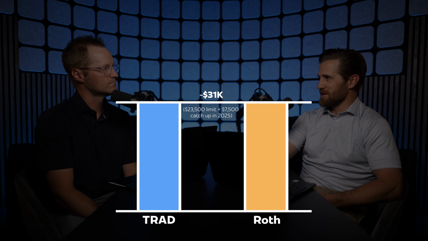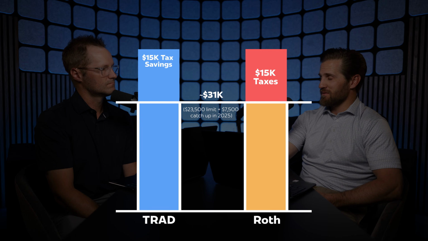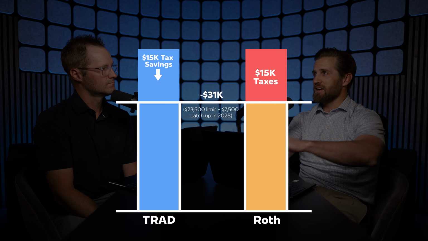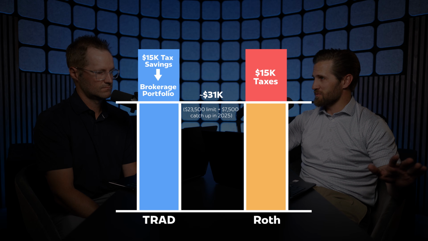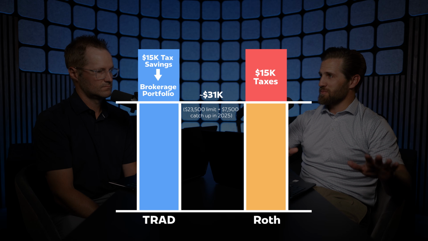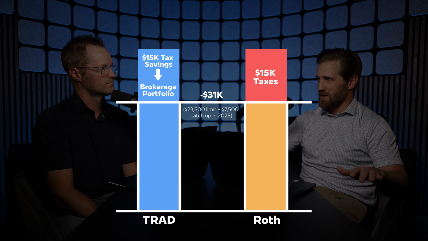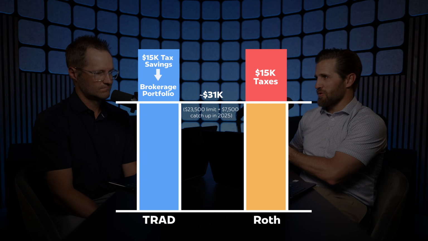So they put the max contribution to a 401k, let's say it's $30,000 roughly for somebody who's old enough, and then that person probably saves about $15,000 in taxes for doing that. So then take that $15,000 and put it in a joint or individual brokerage account. That is probably mathematically going to work better for that person than $30,000 to the Roth 401k.